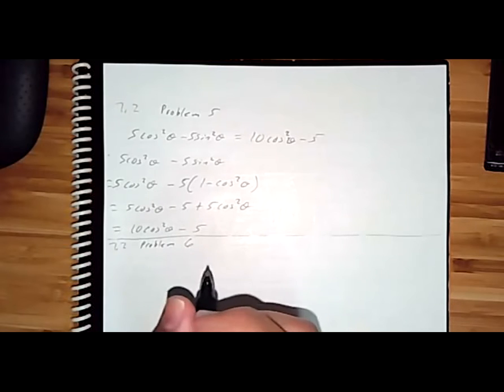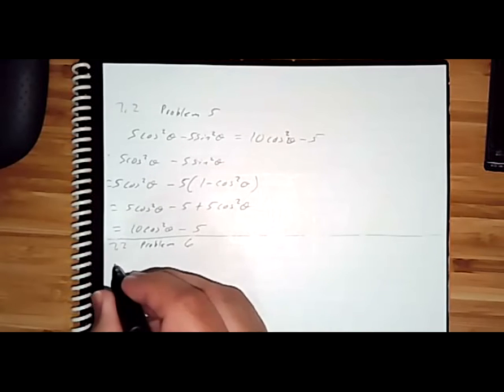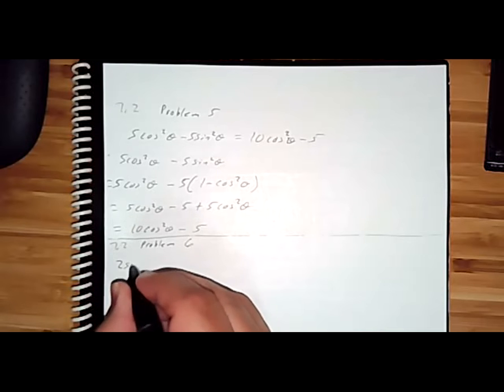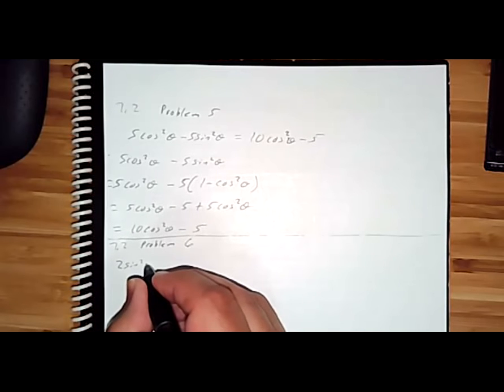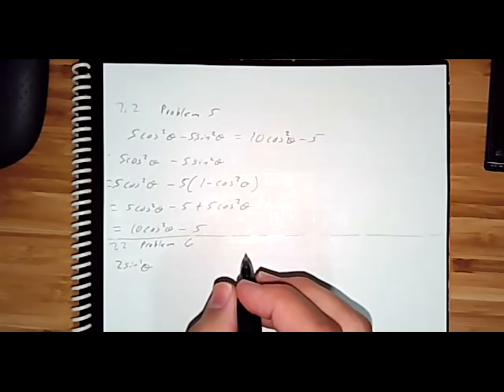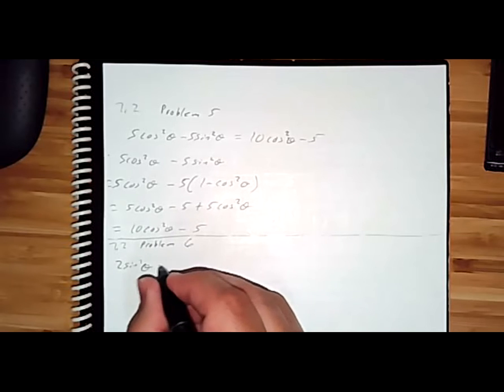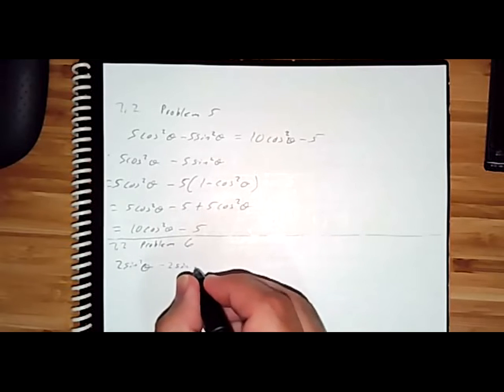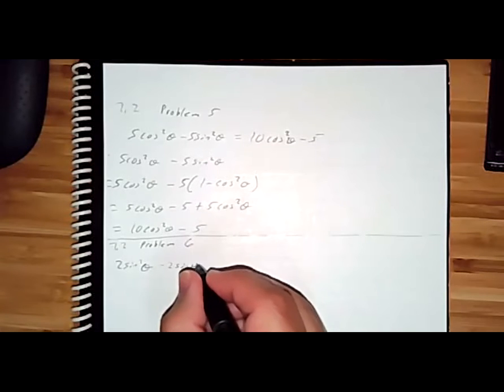But what's the question? For number 6, it's 2 sine squared alpha minus, I'm gonna use theta, minus 2 sine to the fourth theta. Like that?